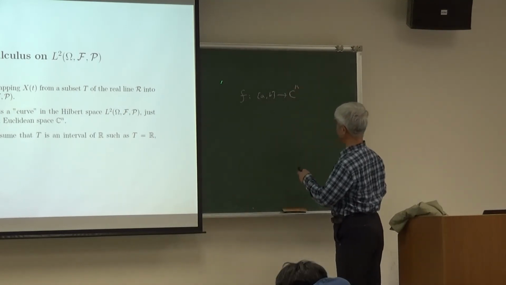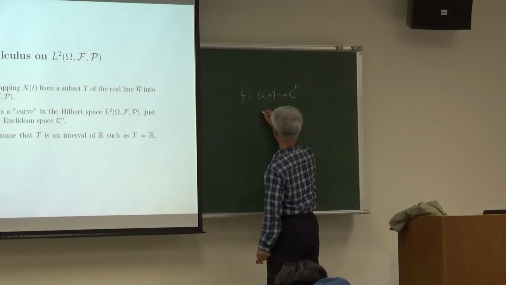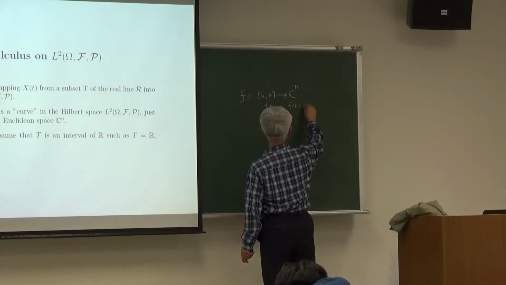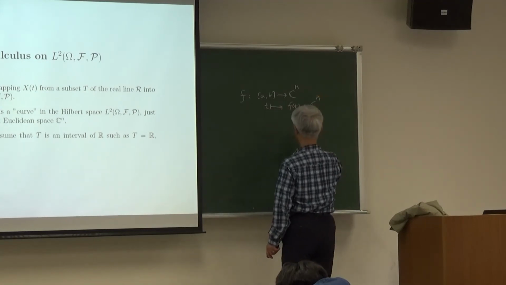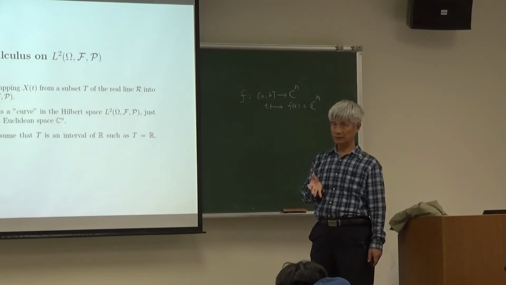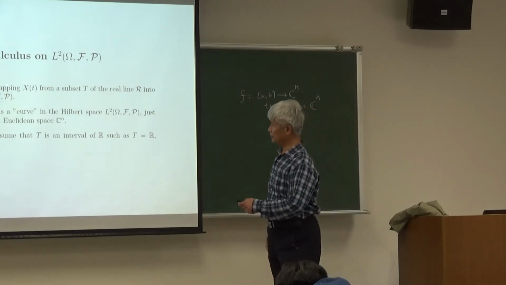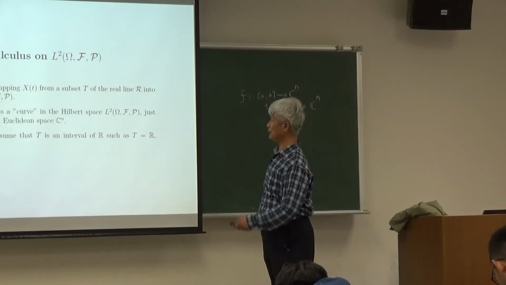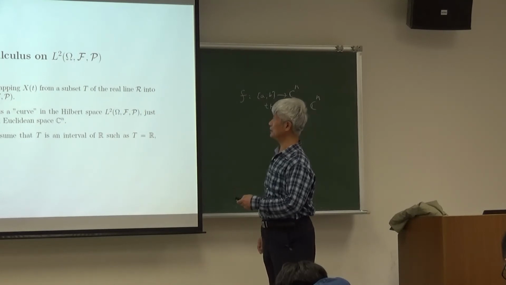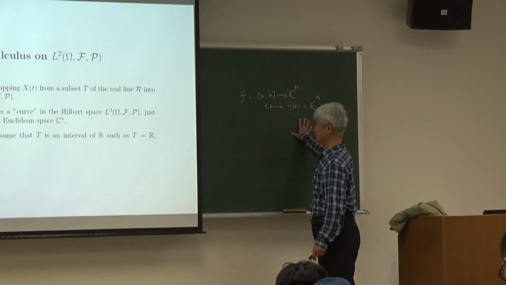So it's a function, right? For each t, f(t) is a vector. So it's a vector valued function. A second order process can be thought of as a function from a subset of the time parameters into the Hilbert space, into random variables.